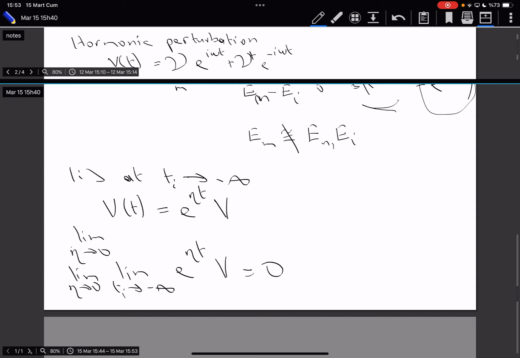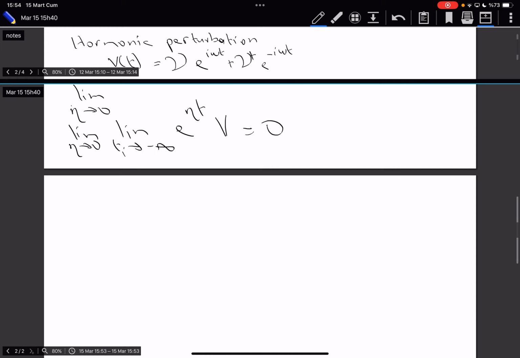Let me just look at the second order correction directly. C2 of T will be minus I over h bar squared, integral dt1 from minus infinity to T, dt2 from minus infinity to T1.